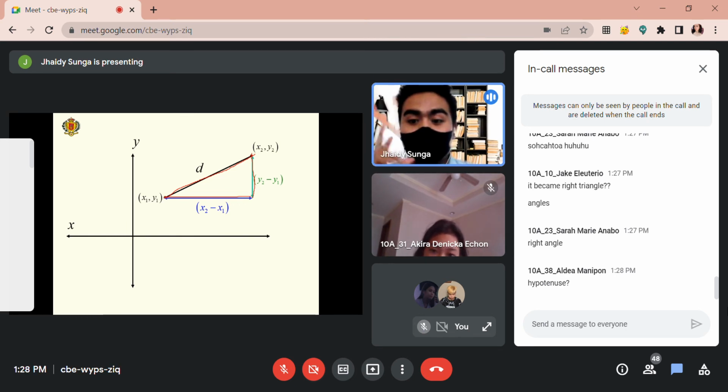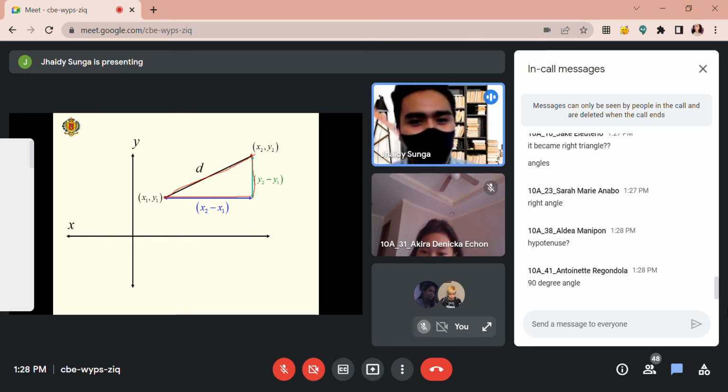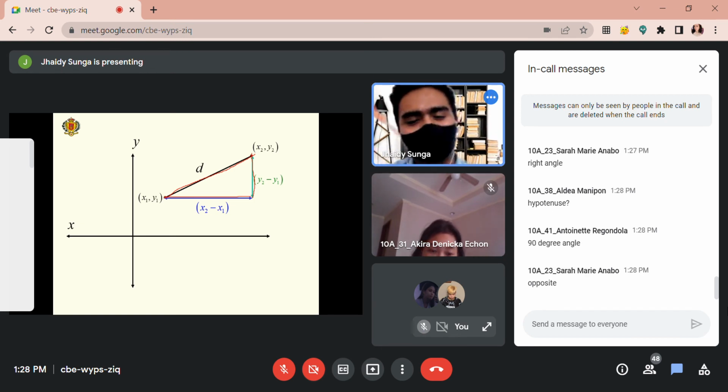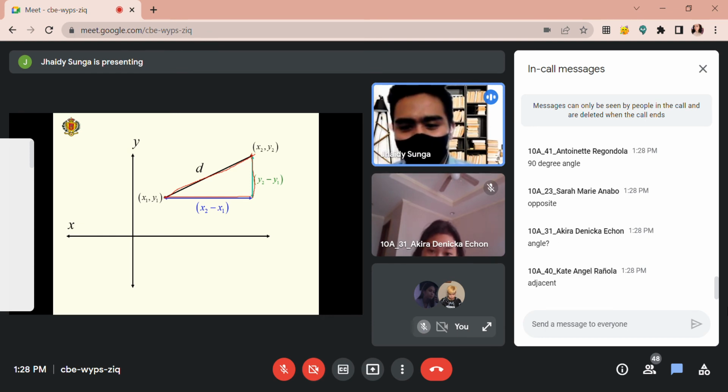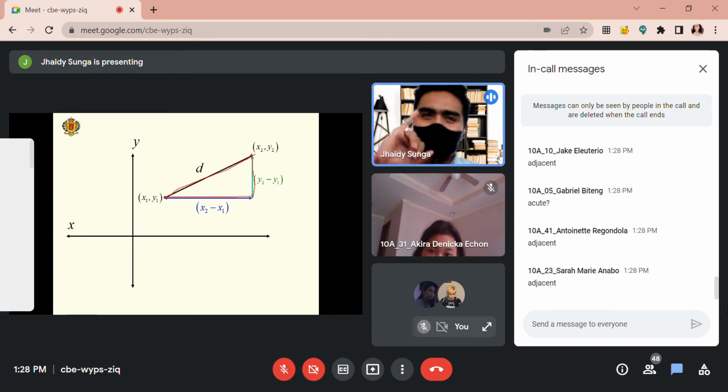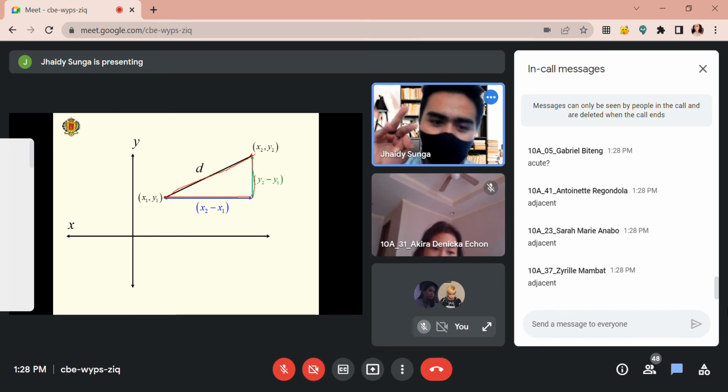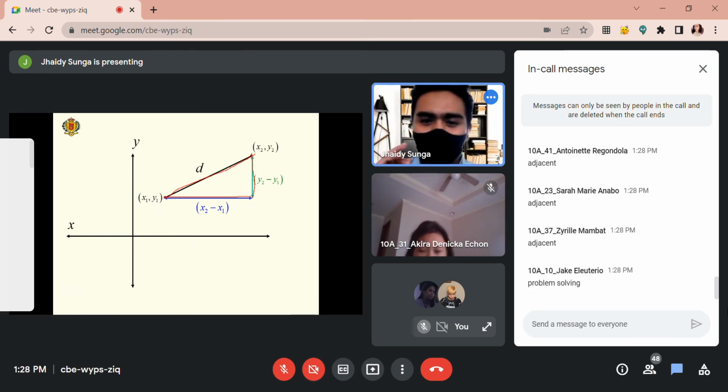Hypotenuse. We have the hypotenuse. Opposite. What else? Adjacent. Oh, we have hypotenuse, adjacent, and opposite. Those three. If we are to combine those three, what do we have? What do we have?